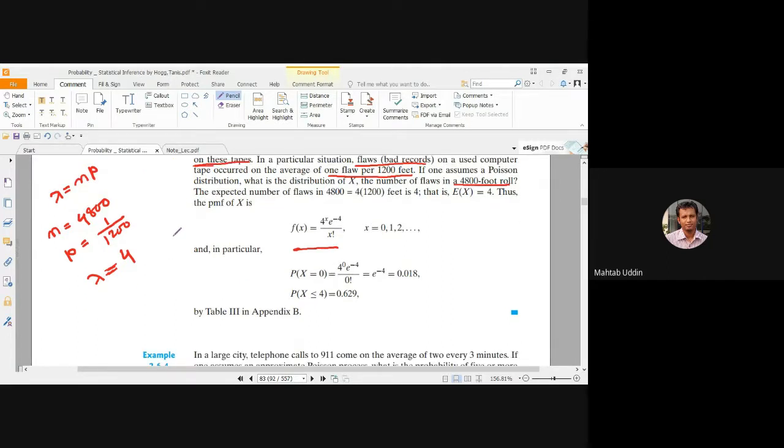Now, in particular, x is 0, that is there is no flaw, there is no bad sector. So put x equal to 0, 4 to the power 0, e to the power minus 4, by 0 factorial, you will get this. And if x less than or equal to 4, then x less than or equal to 4 means what?